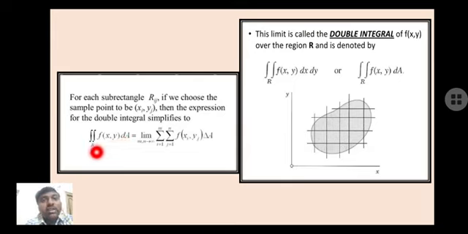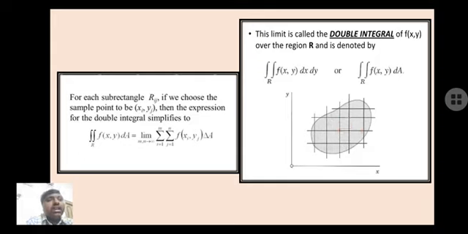Therefore the double integration over the region R of f of x comma y dA is equal to a limiting case of summation i is equal to 1 to m, j is equal to 1 to n, f of xi yj delta A. Now the region R can be divided into equal rectangular areas, those are all dAs.